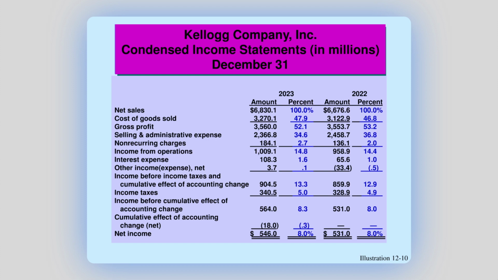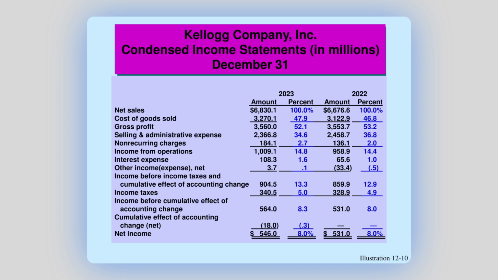Ganun lang. Or interest expense of 18.3 divided by 6830.1, so you have 1.6%. 564 divided by 6830.1, you have an 8.3. Net income, ganun din, 546 divided by 6830.1, so you have an 8.0%.